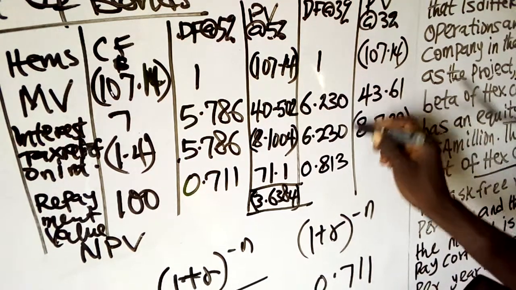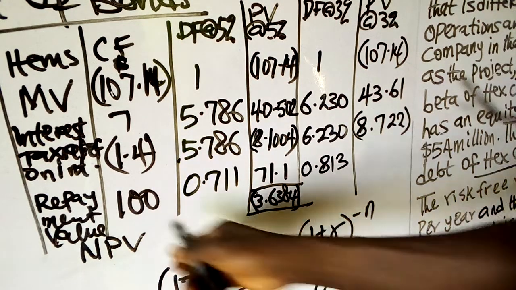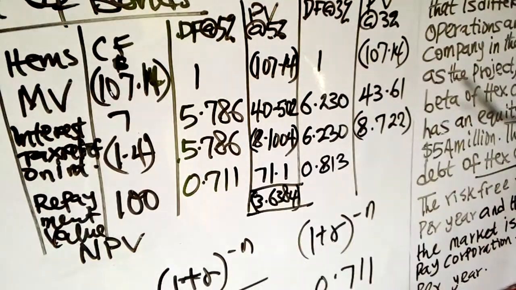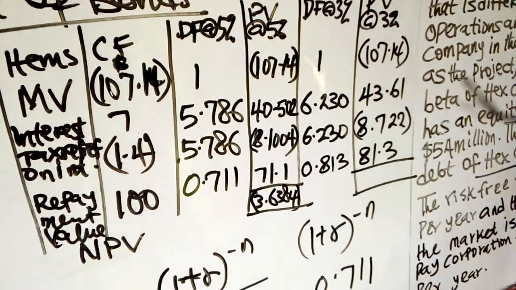8.722. Then 100 times 0.813 gives us 81.3. So you sum it up.